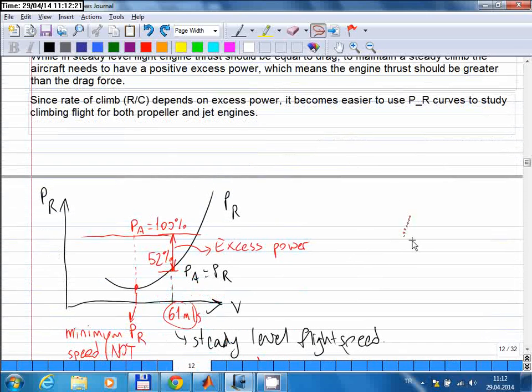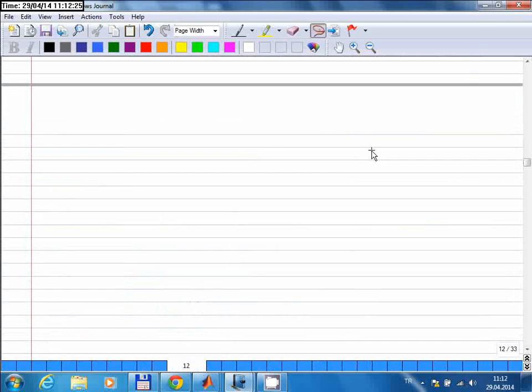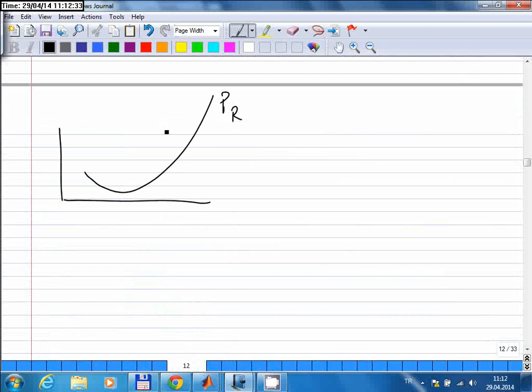Okay, now let's remember the previous example. Remember, we had a propeller aircraft, and this was the power required. The engine power was set to 52%.